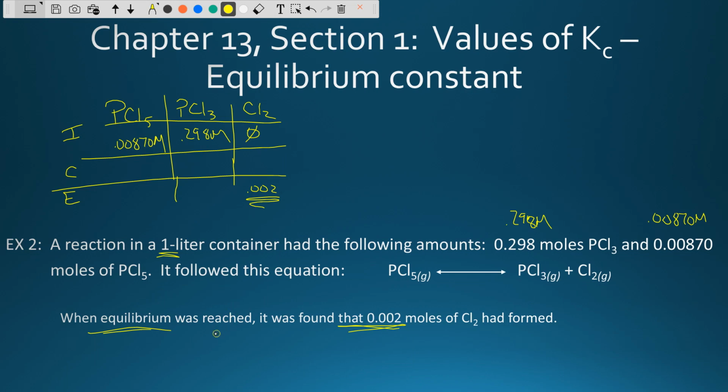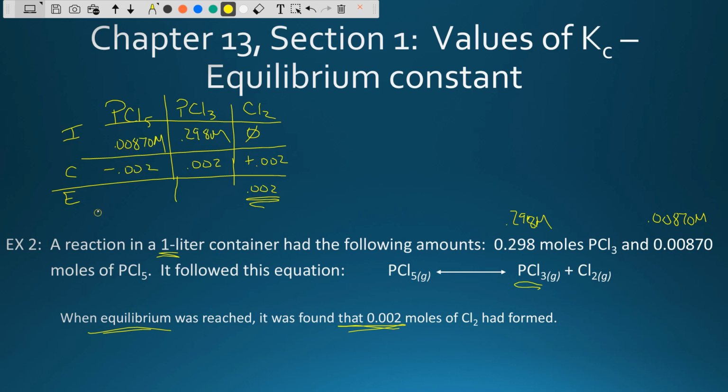So what was my change here? My change changed by 0.002. Now notice that on this side, my PCl3 has also changed by 0.002, which means that this one must have lost 0.002. So what does that mean in terms of my equilibrium?